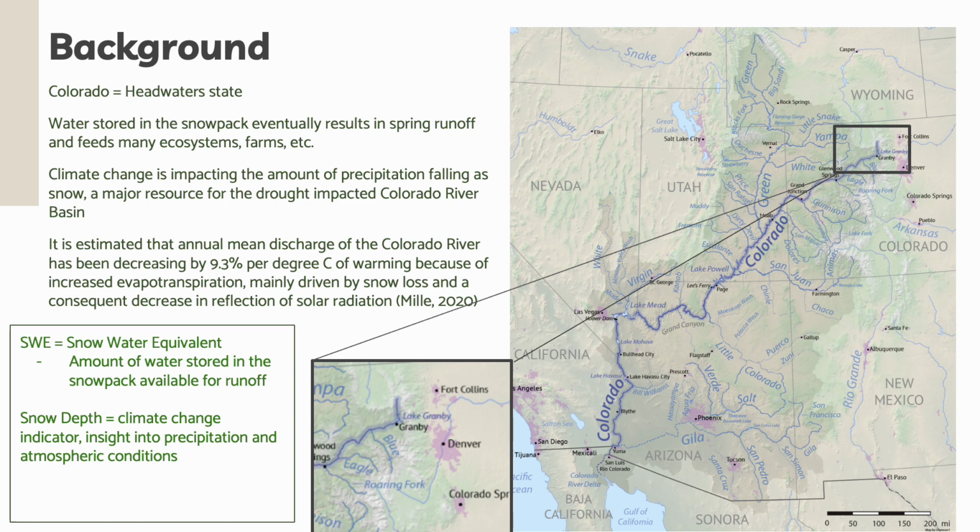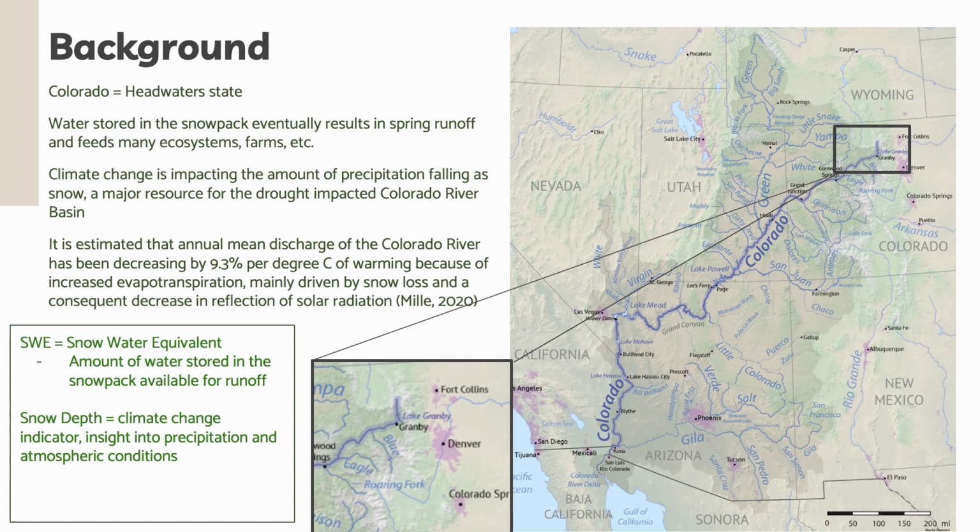The water stored in the snowpack here eventually results in spring runoff, which ultimately feeds many ecosystems, farms, communities, and much more as it travels from here to the Gulf of Mexico. Climate change is impacting the amount of precipitation falling as snow, which is a major resource for the drought-impacted Colorado River Basin.